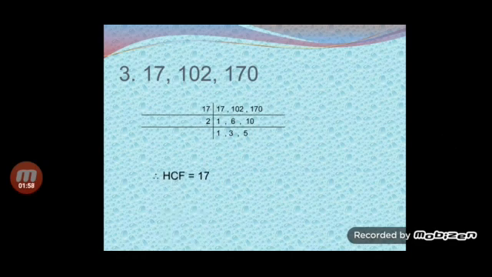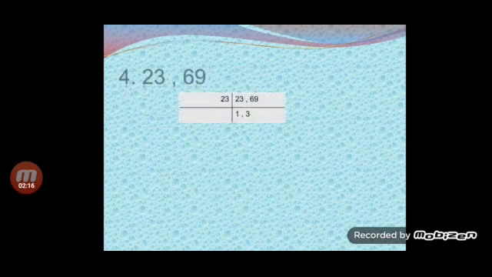So here HCF will be only 17 because all the three numbers are divisible only by 17 and LCM will be the product of all the factors. So we get 510.